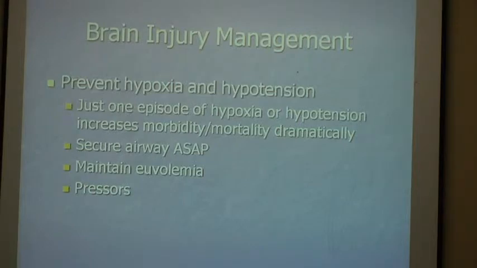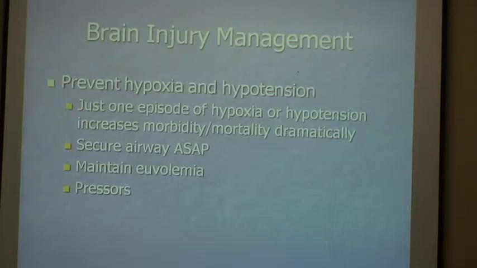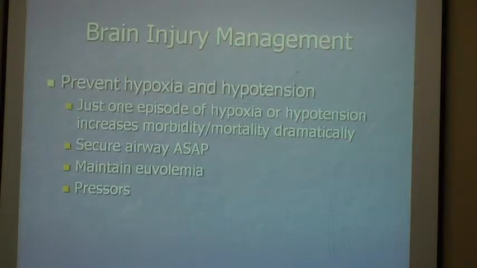Preventing hypoxia and hypotension is our number one job. A single episode of hypotension or hypoxia in a head injured patient can increase their morbidity or mortality by over 50%. Just one single episode. So it's really imperative to do everything that we can to prevent that.